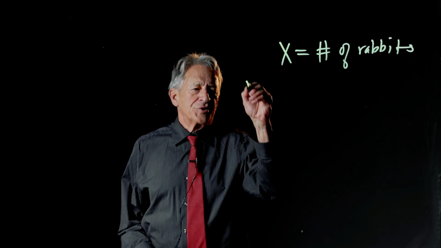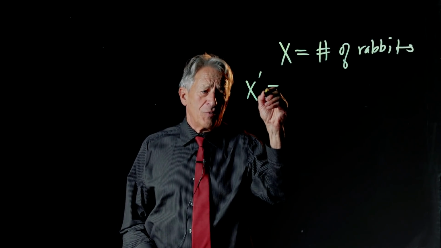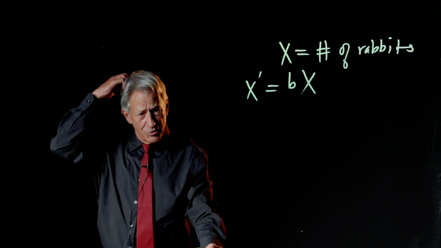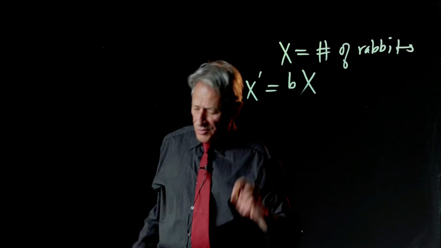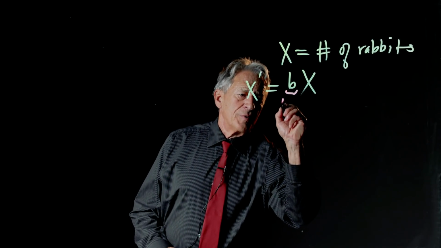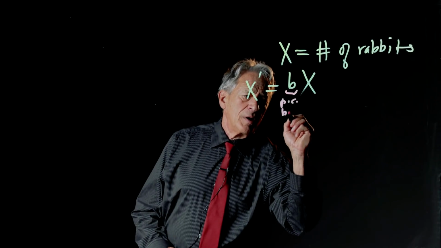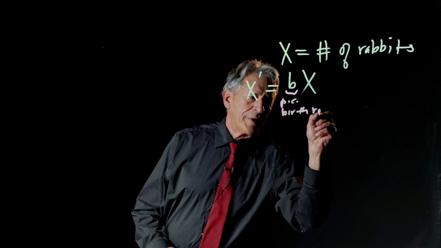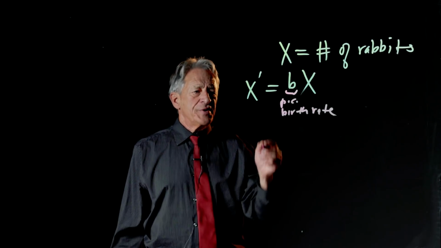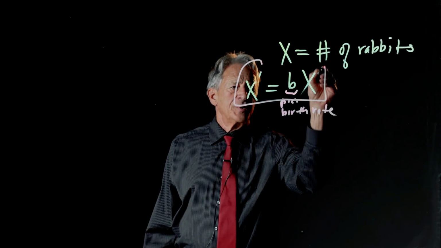And the differential equation we're going to start with is what I'm calling the world's simplest differential equation, namely x prime equals bx, where b, you remember, is the per capita birth rate. So this is a differential equation. It is a model.